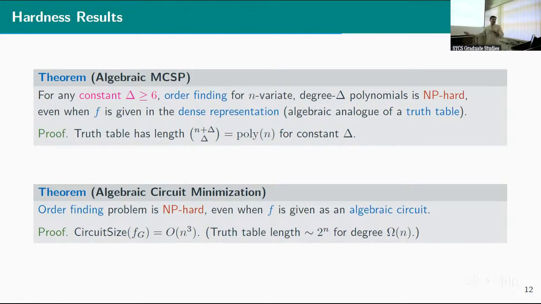I'll give you white box access, the circuit, the polynomial exactly. This is sometimes called the sparse representation. So with the dense representation when the degree is constant, and the sparse representation, it still remains NP-hard. So the bad news, the summary of everything, is that in the worst case, we can't learn ROABPs.